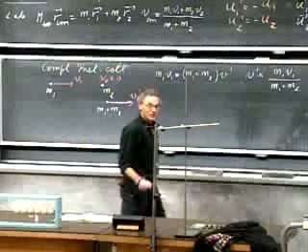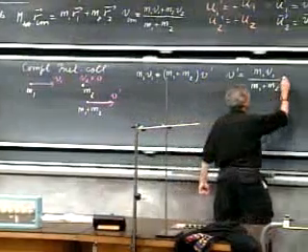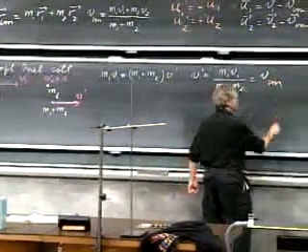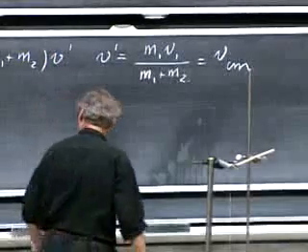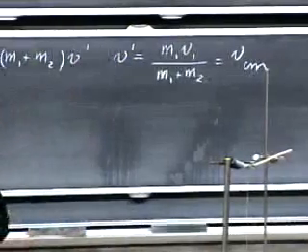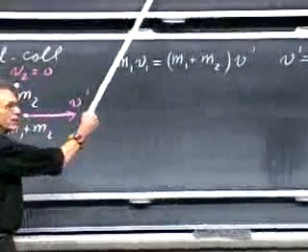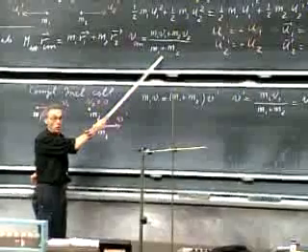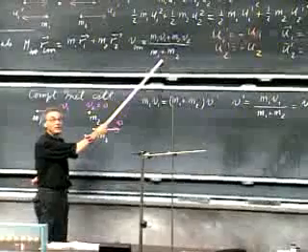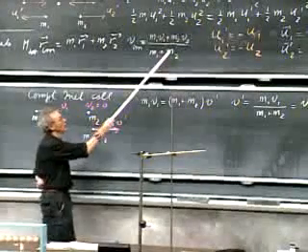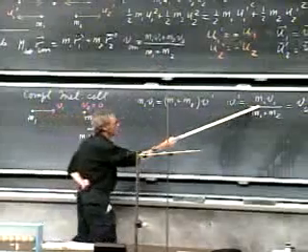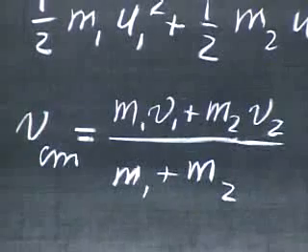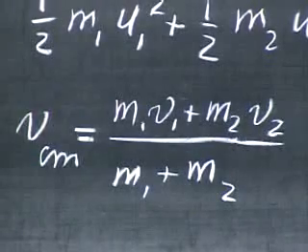This, by the way, which is not so obvious, is also the velocity of the center of mass. And how can I see that so quickly? Well, what was the velocity of the center of mass? Here you have it. This was in general, not for the case that V2 was 0. Make V2 0, and you see exactly the same result. So this must be the velocity of the center of mass.